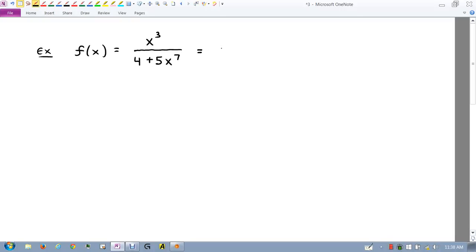But no fear, let's just pull that out. See if you agree with that first. X cubed is being multiplied, so just pull it out front. That's the same as having it up here. I don't like the 4 here, so I factor out a 4, which leaves me with a 1 plus 5/4 x to the 7th. Then I pull the 4 underneath the x cubed, and I change the plus to a minus minus.